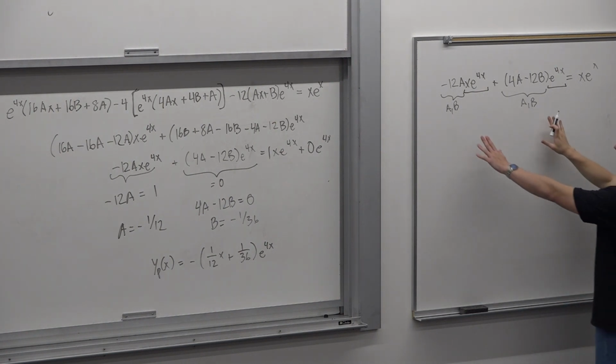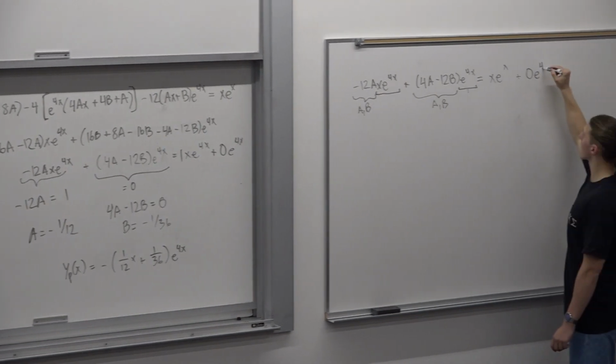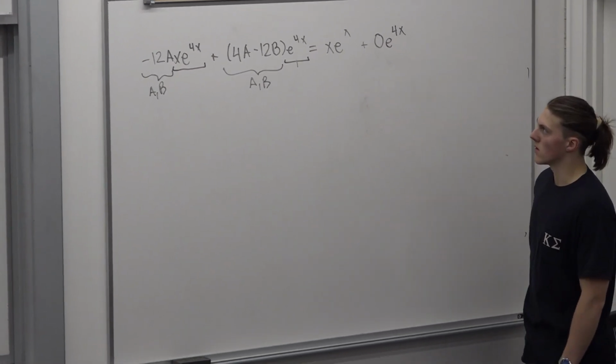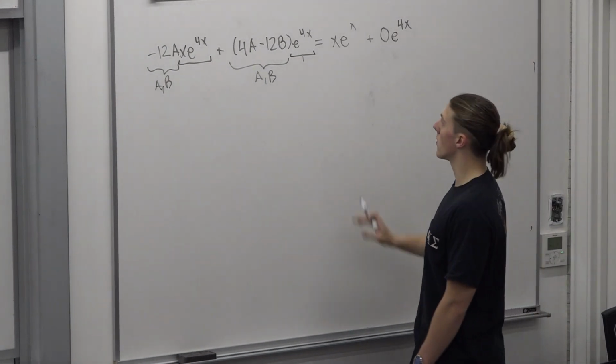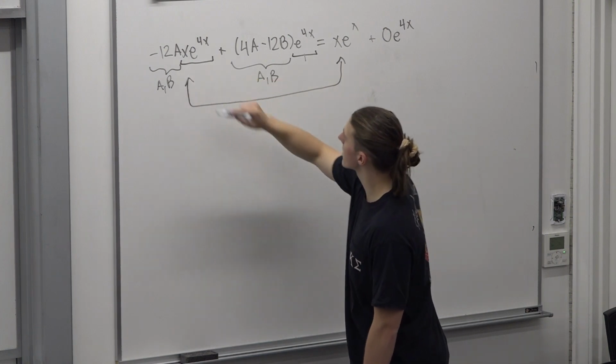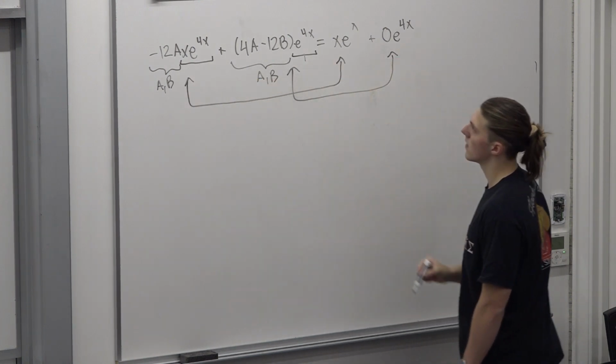So we know that these two sides need to be equal. So when we're solving for a and b, we know that there is no term on the right-hand side that looks like this, which essentially means that if there was, it would be multiplied by 0. So this term needs to be like this one, and this term needs to be like this one.